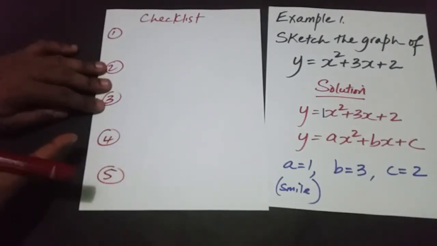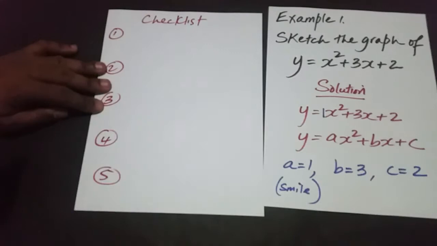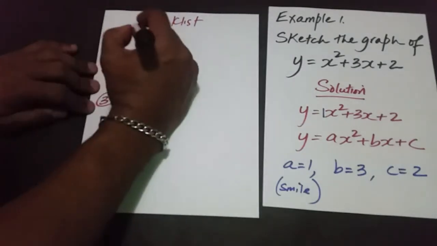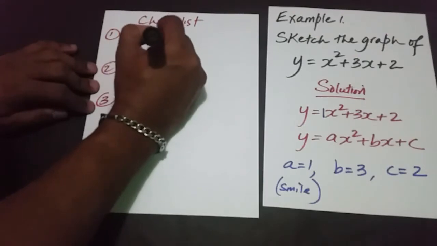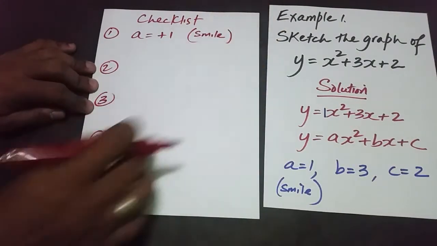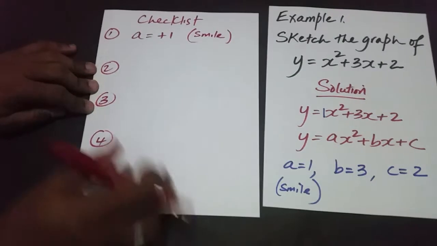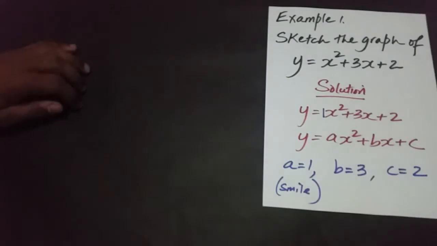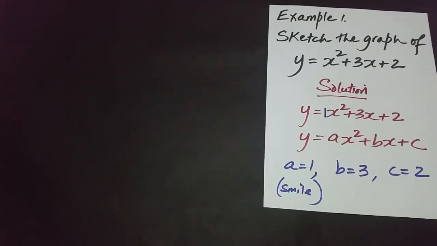I need to know 5 things in order for me to sketch the graph of that quadratic equation. Now, I know that a is positive 1, and I'm going to get a smile. So that's the first thing I know. So I'm going to move this out of the way, and as I find the things that I need, I'm just going to put it on my checklist. All right, so let's move on.